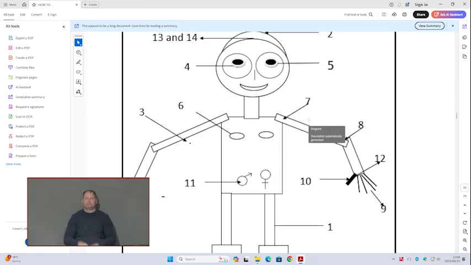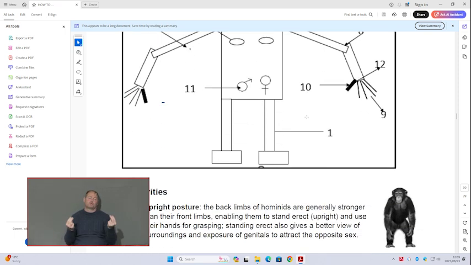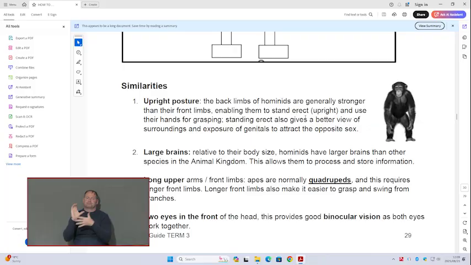These are the characteristics that we, the modern humans, share with the great apes, such as the orangutans. The first characteristic that you must know is upright posture. You cannot only state the characteristics. It is also important that you know how to explain the advantages of such a characteristic that we share.